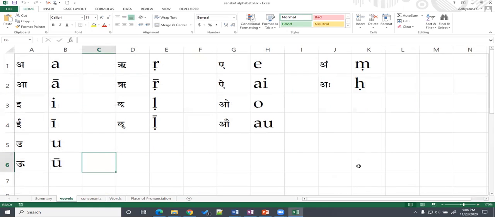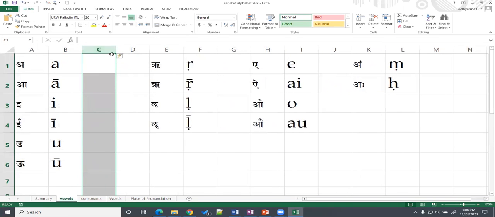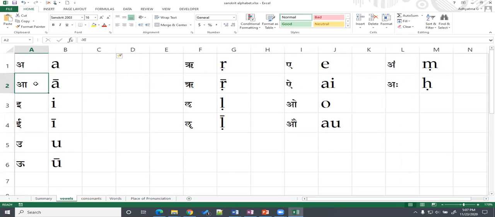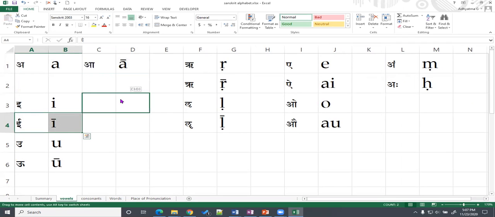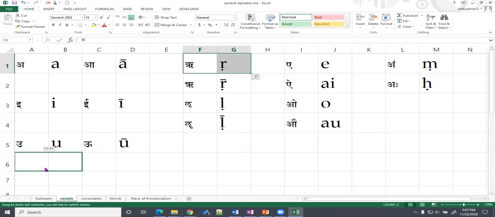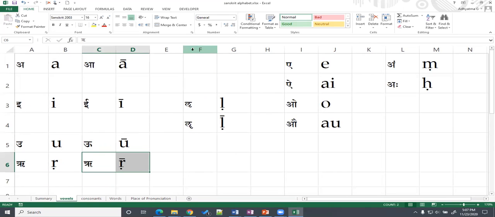For our purpose today, we will just look at a few vowels. I'm just rearranging them so that some things will be clear to you.